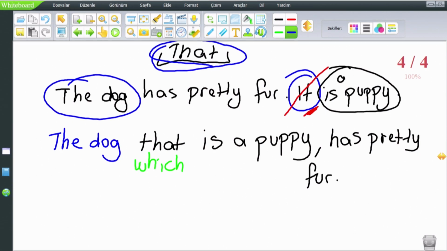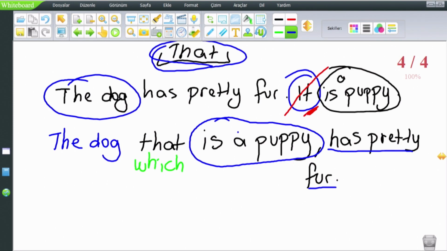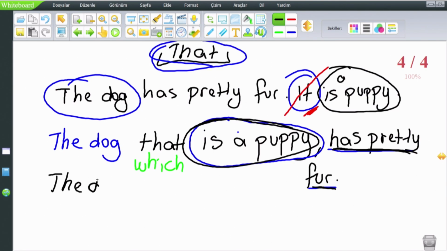What do we do here? We gave extra information in between our main sentence. Now, it depends on what your main purpose is in creating this sentence. If your main purpose is to highlight that the dog has pretty fur, you can put that one after the second sentence. But if you want to highlight that the dog is a puppy, you could also use this sentence like this.